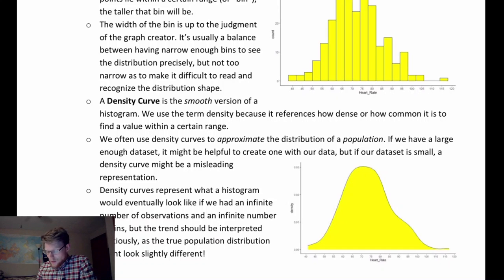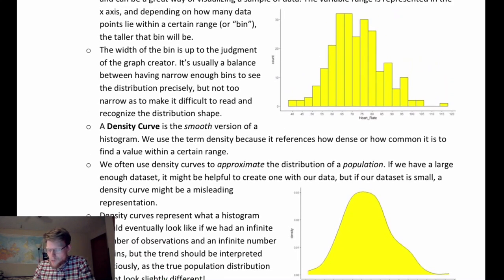We see this big peak followed by some decline, maybe a slightly right skewed distribution, as we'll define in just a second, but definitely one pronounced peak with fewer and fewer observations going on either side. So density curves are often what we do for approximating what's probably going on in the population, or if we just have a lot of data such that we feel that we can go ahead and represent it without the bars because we have so much.